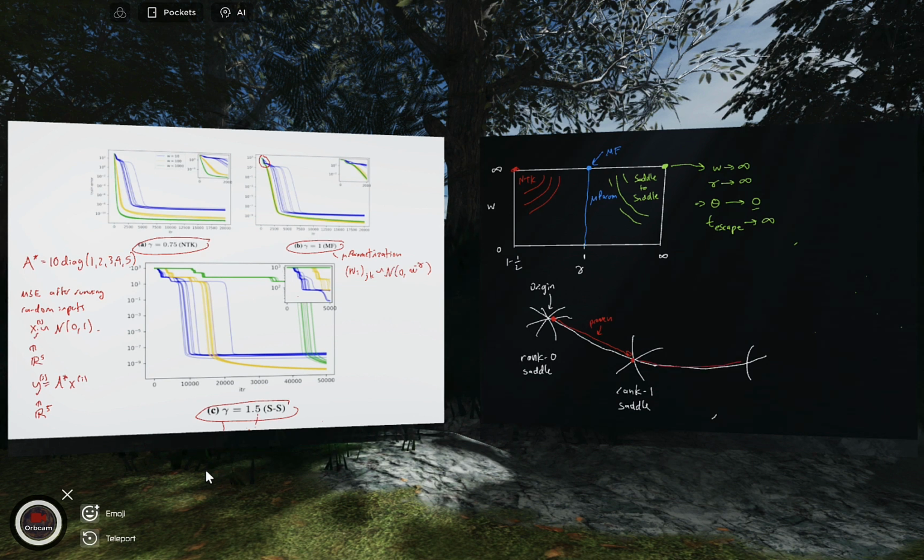The authors conjecture that the same thing will hold as you move to a rank 2 saddle and all the way up to a rank K saddle.